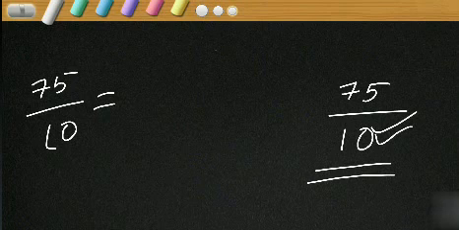Yes, because if there exists any common factor between the numerator and denominator, we have to reduce. In other words, a fraction has to be written in its lowest form or reduced form. So can you find any common factor between the numerator and denominator?